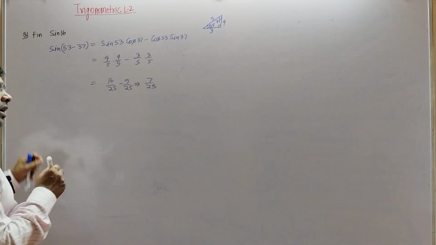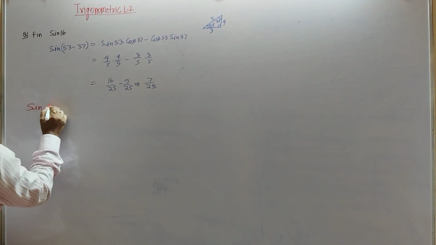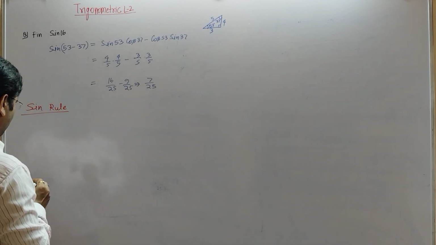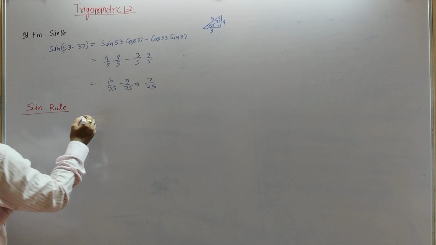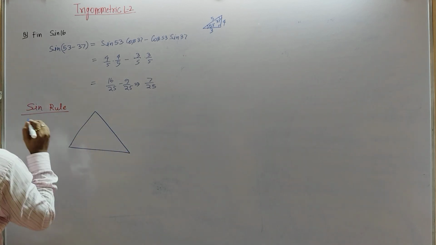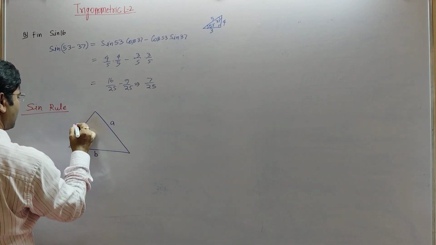This one you will study again in mathematics, but here sometimes sine rule is used. What is sine rule? If I take one triangle and I say that the sides are small a, small b, small c.